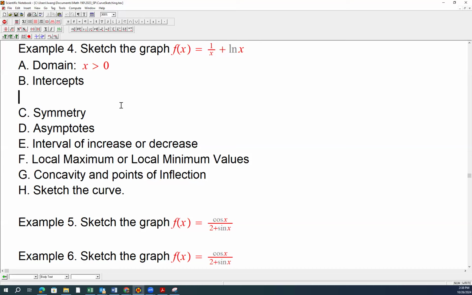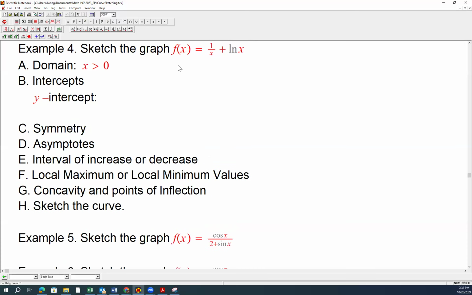Do we have a y-intercept? We start with the easy one first, the y-intercept. To get a y-intercept, we need to set x equals 0, but at x equals 0 it's undefined. We don't have a y-intercept.